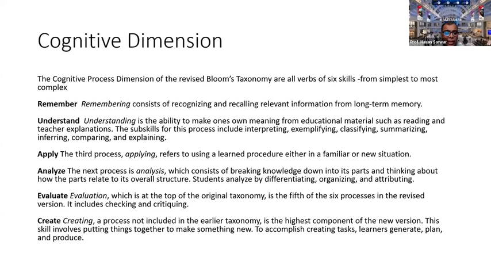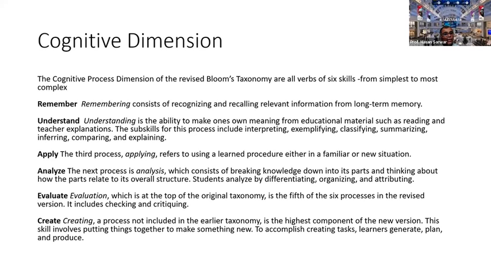It includes checking and critiquing. After evaluation, the highest skill is creating. A process not included in the earlier taxonomy is the highest component of the new version. This skill involves putting things together to make something new. To accomplish creating tasks, learners generate, plan and produce. So creating something new is considered here.